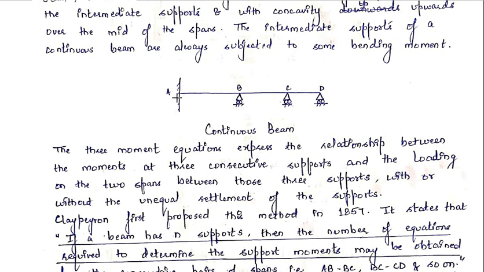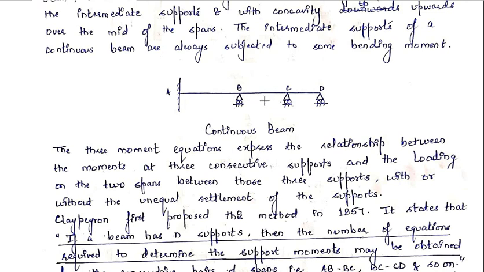So you can take A, B, C, or you can take B, C, D. So by taking three consecutive supports, we find out the relationship between the moments at these three supports and the loading which is acting on the spans between these three supports. So the span between these three supports is AB and BC. So whatever is the loading acting on AB and BC, we find out the relationship between that loading and the bending moment at these three supports which we have taken.